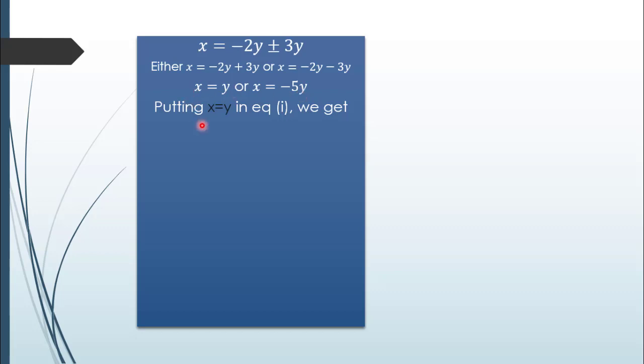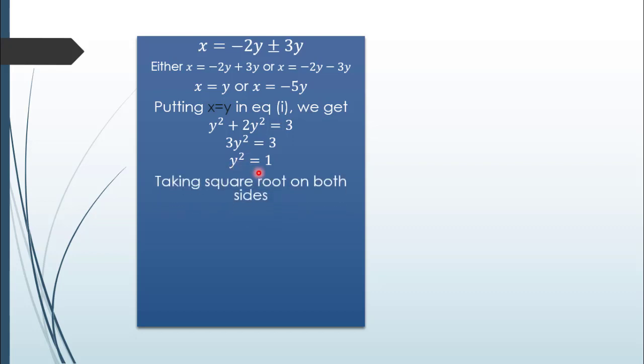Firstly, we put x is equal to y in equation 1 and get y square plus 2y square equal to 3, which can be written as 3y square equal to 3. So y square is equal to 1.